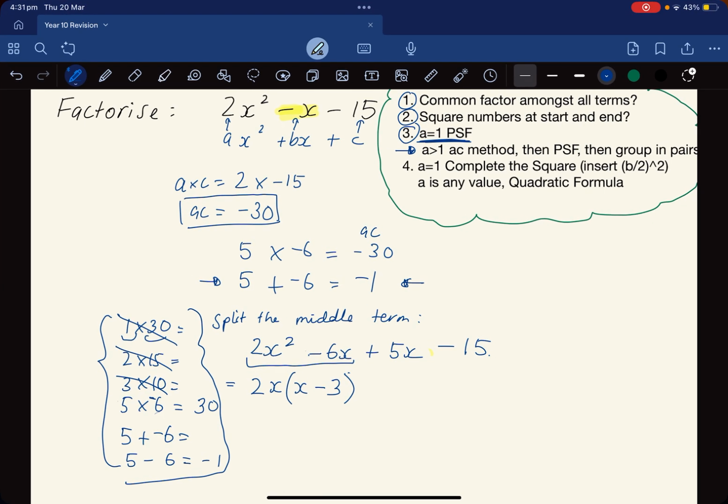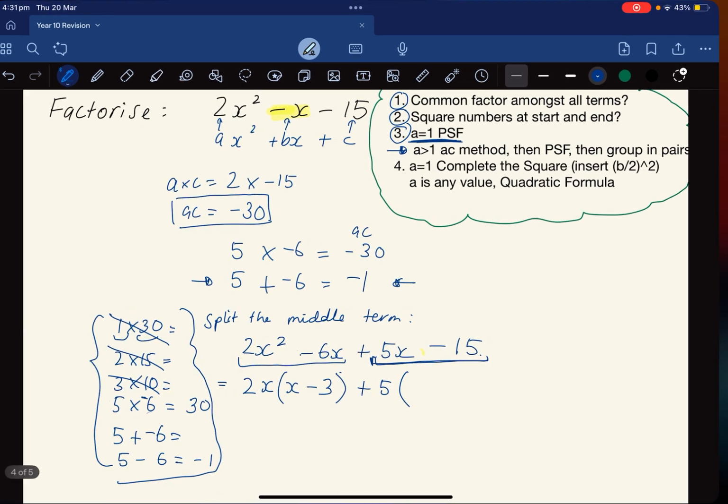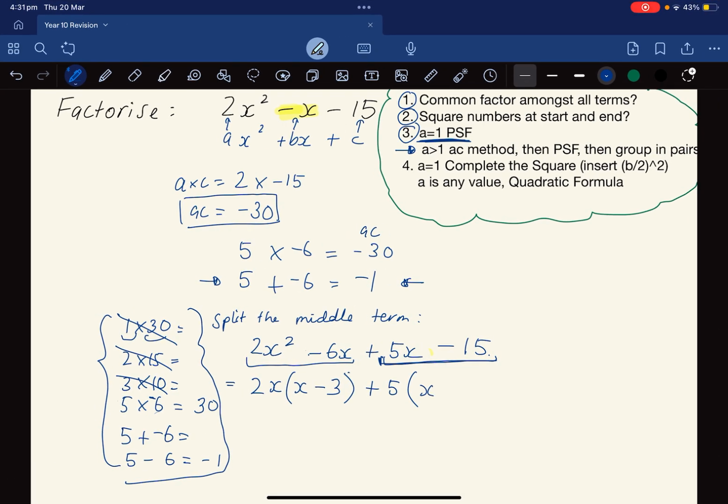If you get confused, just multiply it out and you'll see. And then you look at this one, so you're splitting that in half. Take that sign at the front. Common factor between 5 and 15 is 5. And then no others. X is only in one term. 5 times x gives 5x. Take 5 times 3 gives 15.